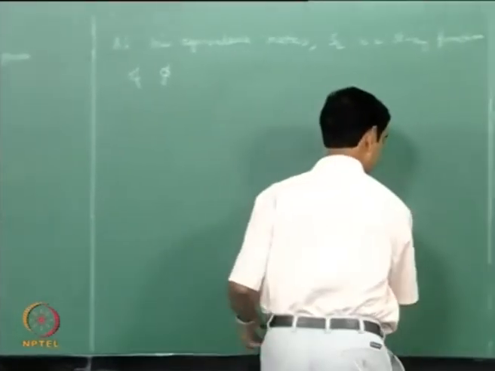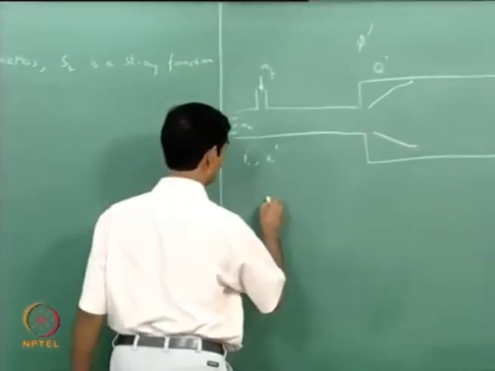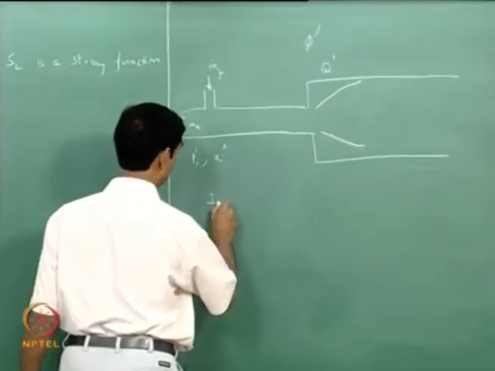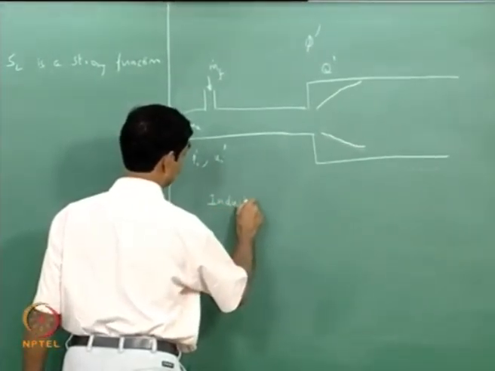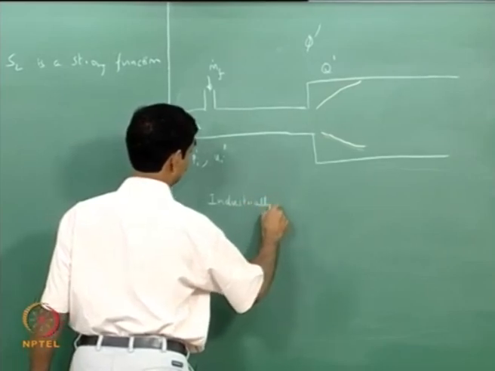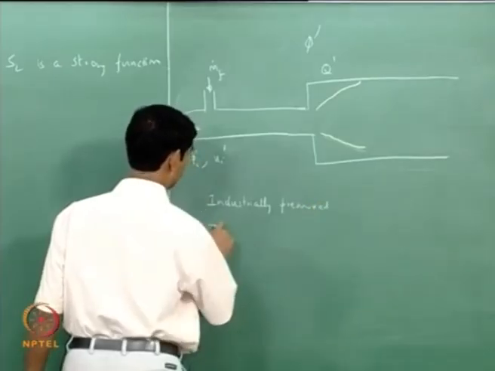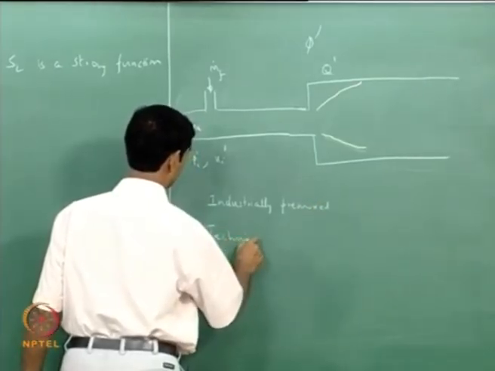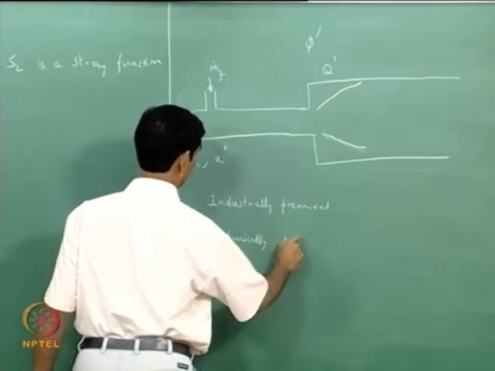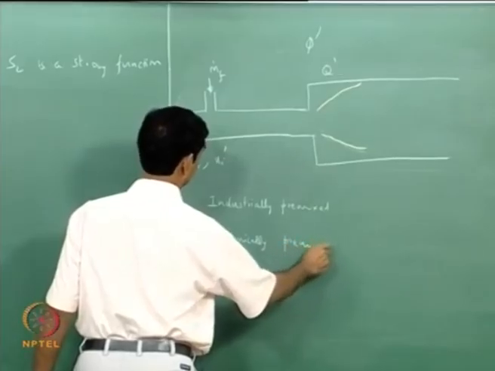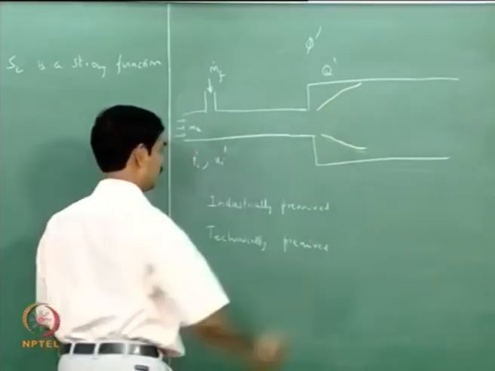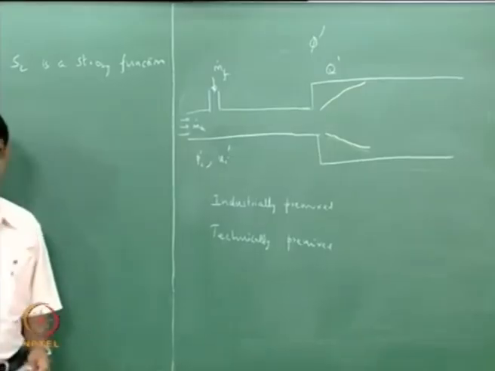But the name is there in English now. So it is called industrially premixed or technically premixed. By the time it comes here, it's like premixed. I hope this is clear.